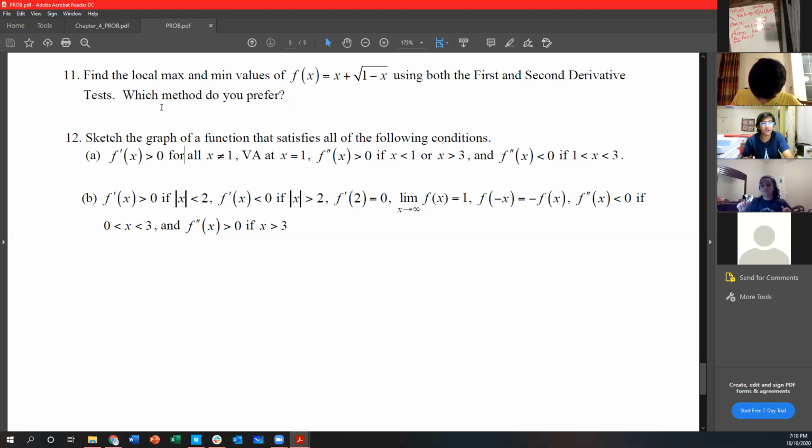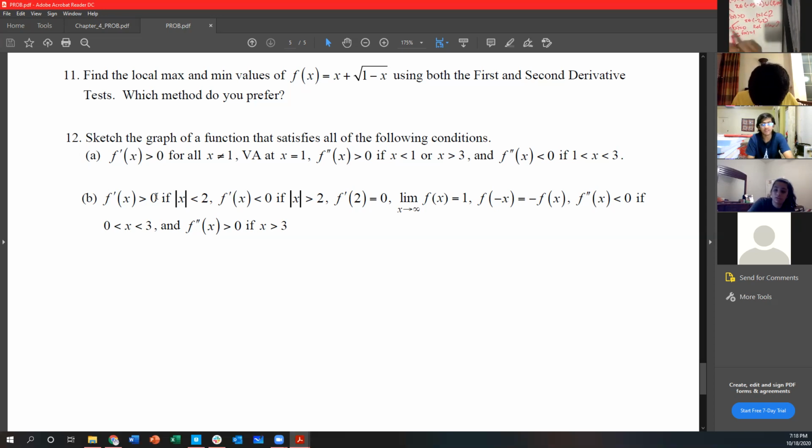Sorry, Alina. We're going over this problem right here, 12b. What we said was we're just rewriting the information and trying to digest it for ourselves. We said that if f prime of x is greater than 0, that means the absolute value of x is less than 2. I just rewrote it in interval notation because that's easier to read than absolute value notation.